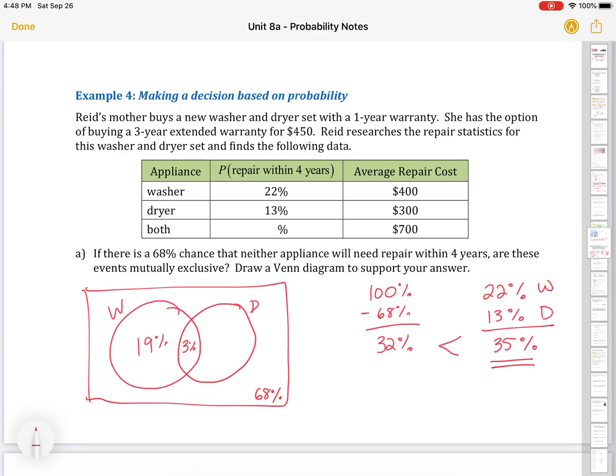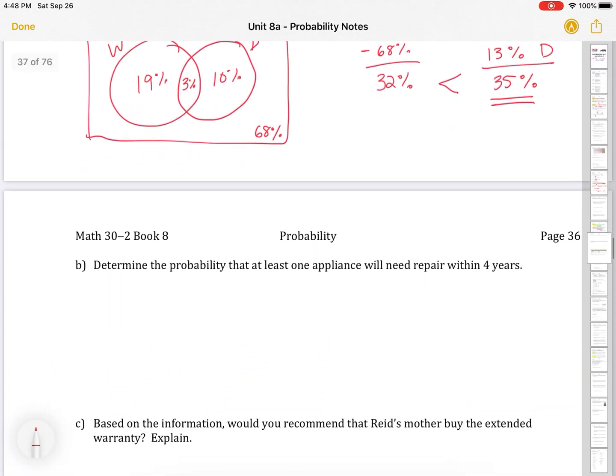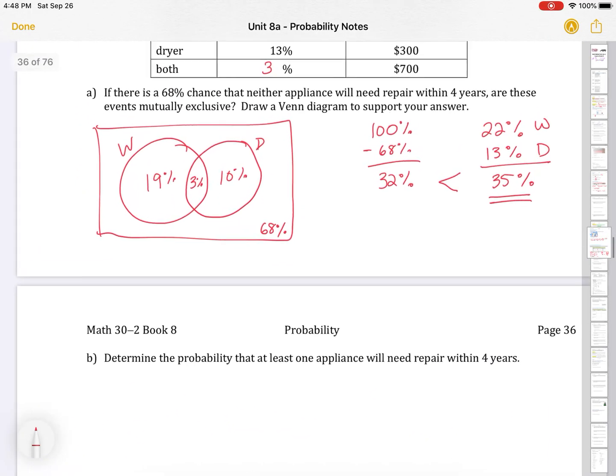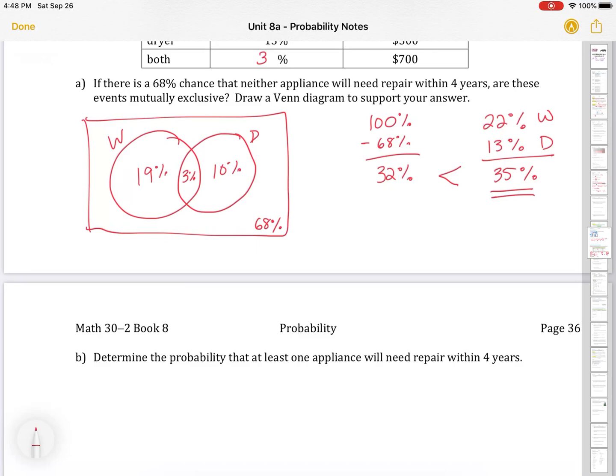So the total washer is 22%, so that means that this has to be 19, because 19 plus 3 is 22%, and the total dryer is 13, so we minus the 3, and it'll be 10%. 10 plus 3 equals 13. So the chance that both will break is 3%. Okay? So pretty low risk that they will both break. Higher chance that the washer will break, and it costs a little more.